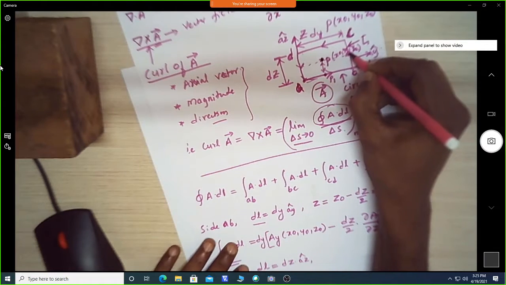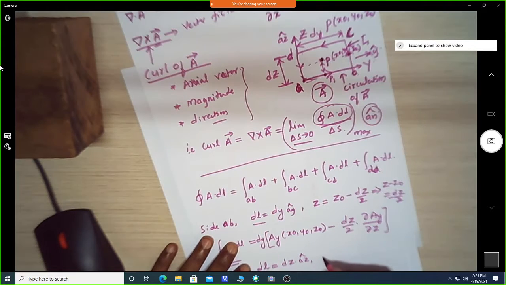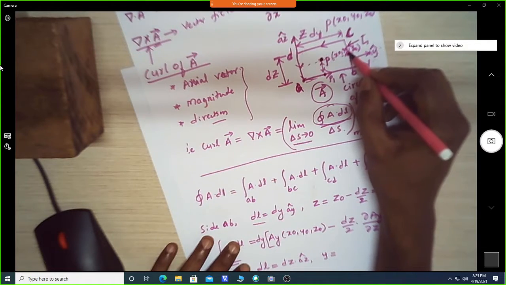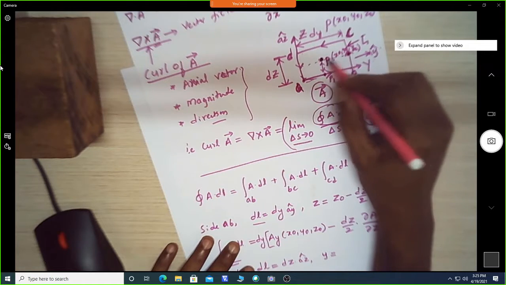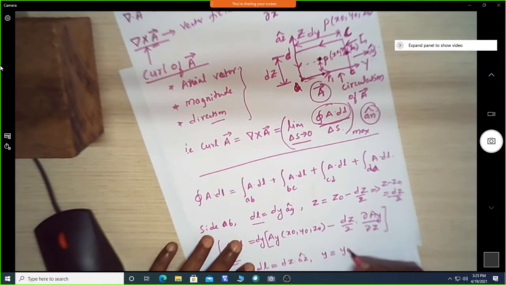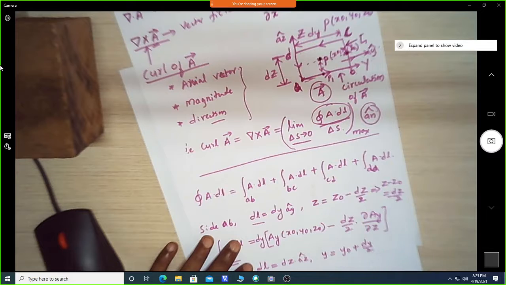Now if I consider the point on this line, what is the distance between these two points? Because y is constant here, and the difference between these two is varying in y, it is nothing but y naught plus dy by 2. This is in the positive direction, so that's why it is y naught plus dy by 2.